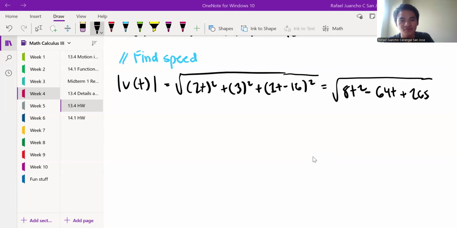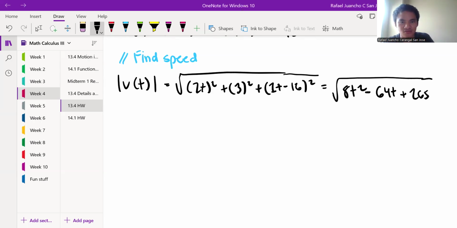If we think of speed as a real valued function, to find the minimum we take its derivative. But apparently there was another way to do it, which was to take its square. Then once we take its square, we can take its derivative, set it to 0, and then find that time.